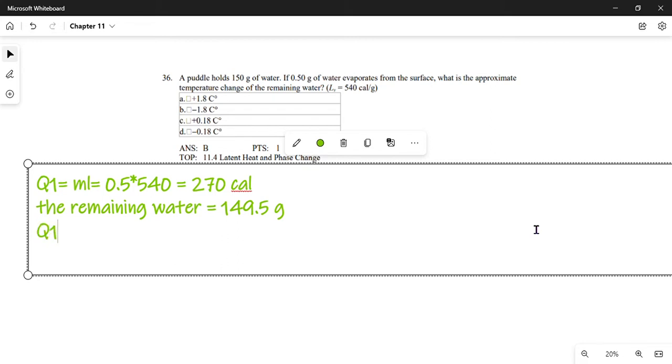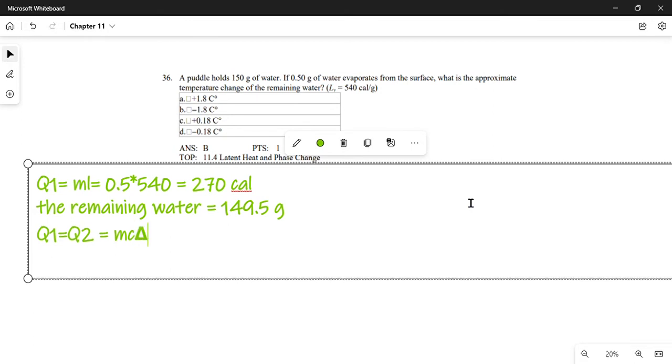Q1, which is 270, equals Q2, which is the change in the heat or the internal energy of the 149.5 grams. M here is the mass, 149.5.